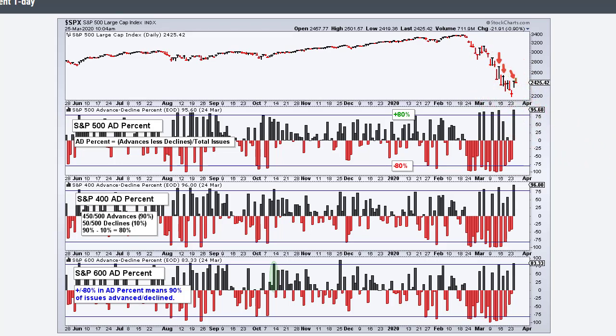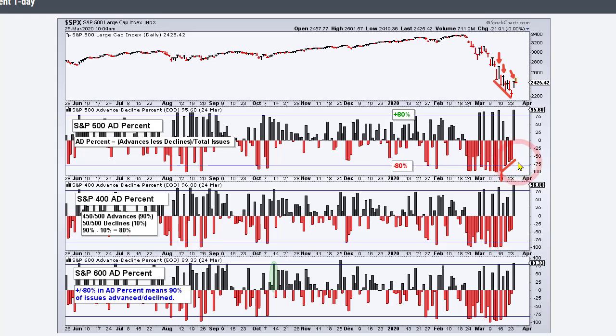So if we look at the breadth indicators here, we can see it was below that minus 80% level, strong selling pressure a week ago, 10 days ago. And then you can see as the market went down over the past week, that 80% indicator didn't dip below minus 80%.